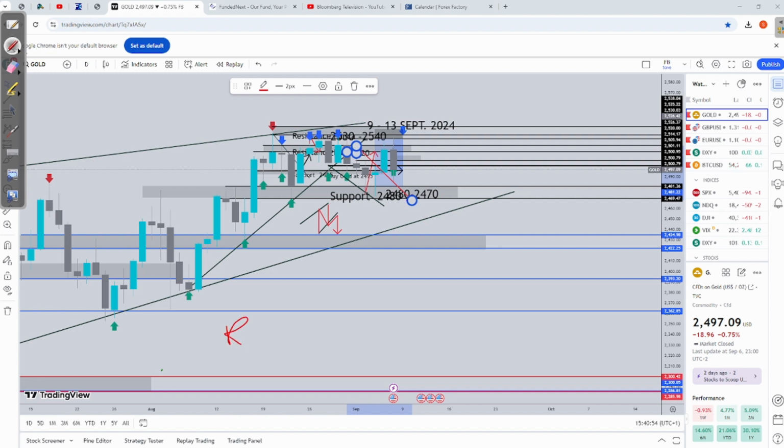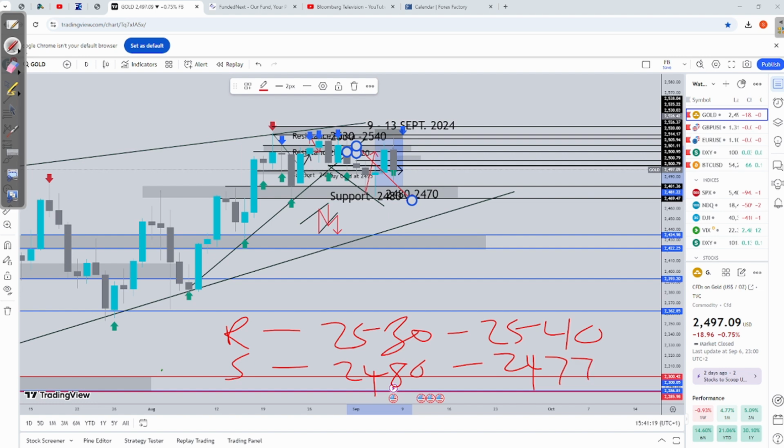So your resistance should be 2530 to 2540, and then your support should be 2480, 2477, or you can decide to go with 2475.